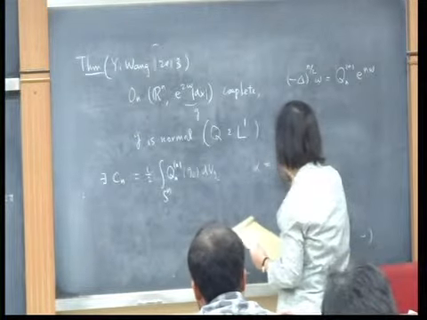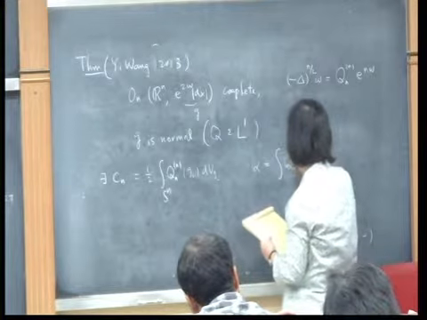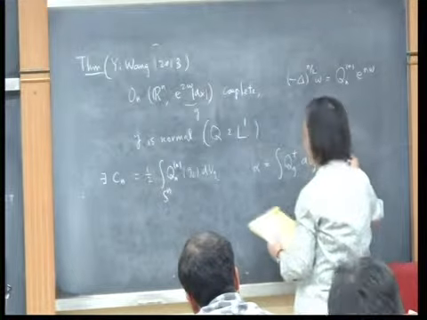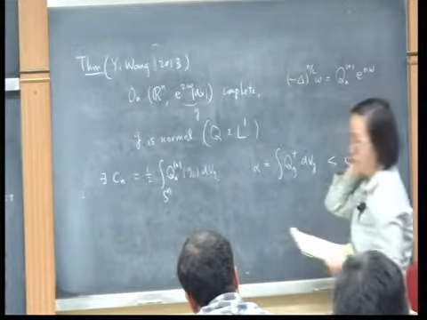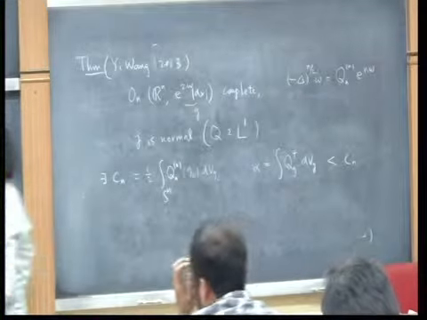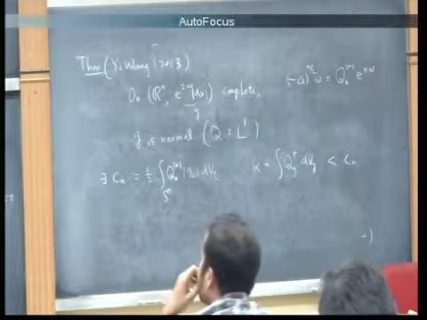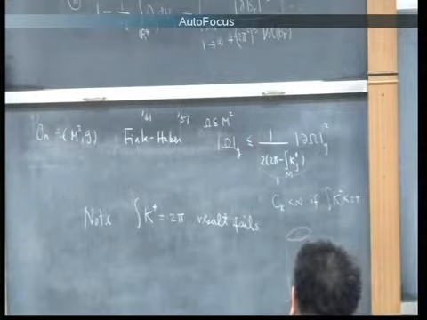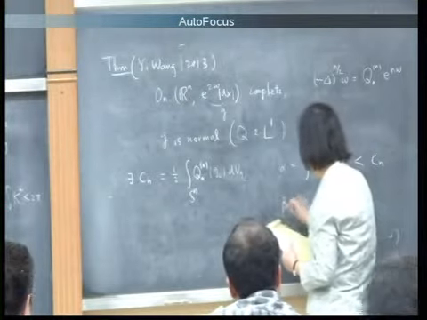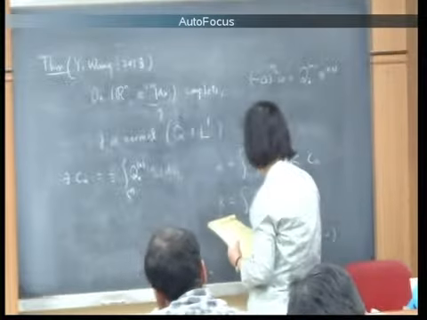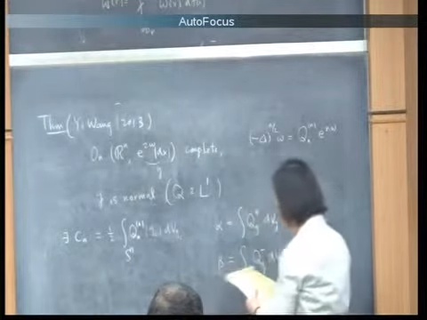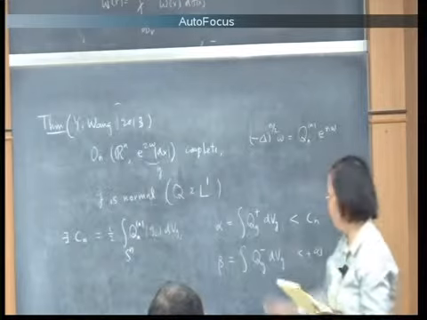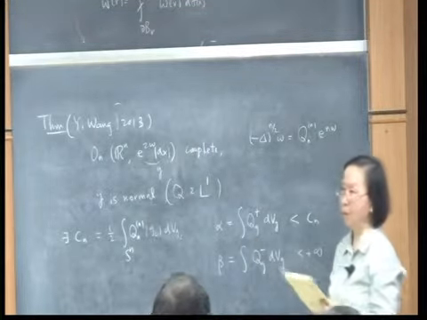If alpha, the integral of the positive part of Q dV_g, is strictly less than this C_n, and if beta, the negative part, is finite, then together we have Q is integrable. But only for the positive part do you have a constraint.